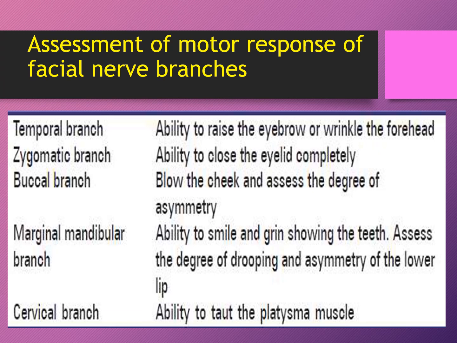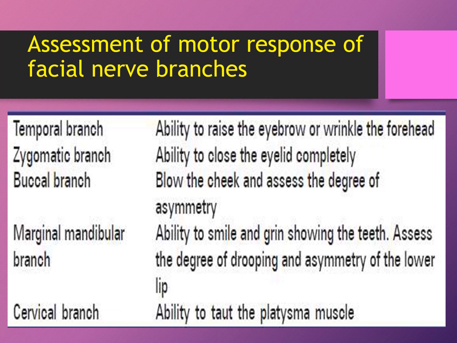So part of the evaluation of the patient with facial nerve paralysis is to assess the motor responses of the facial nerve branches and to compare it to the other side. We know that there are five major branches of the facial nerve. These are the temporal branch, zygomatic branch, buccal branch, marginal mandibular branch, and the cervical branch.